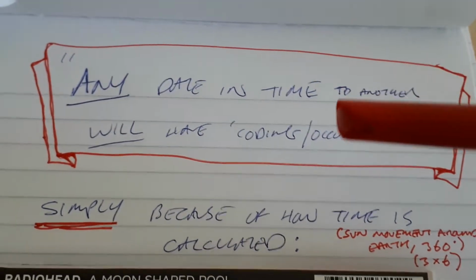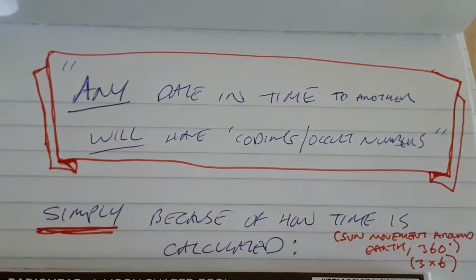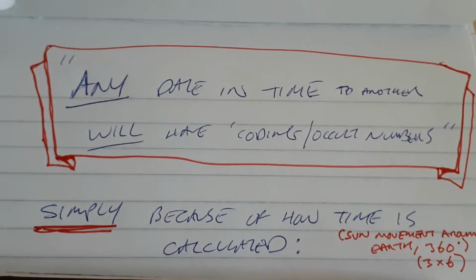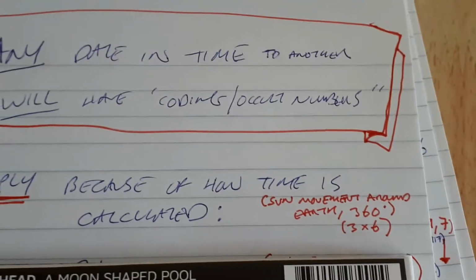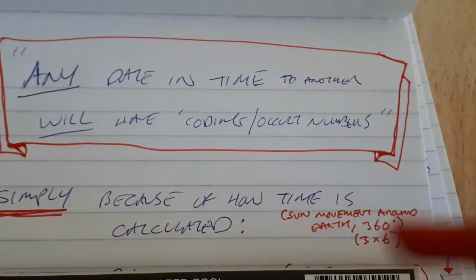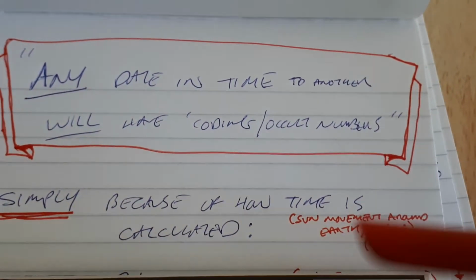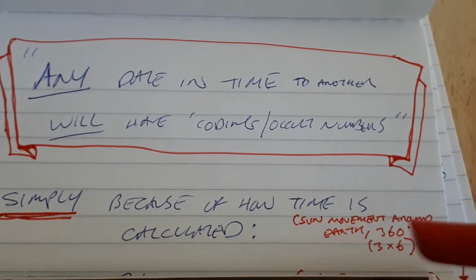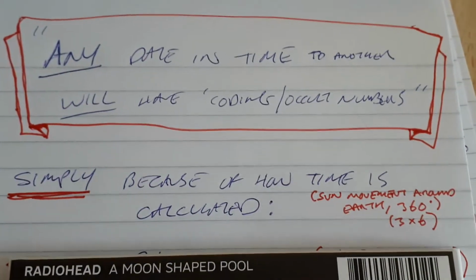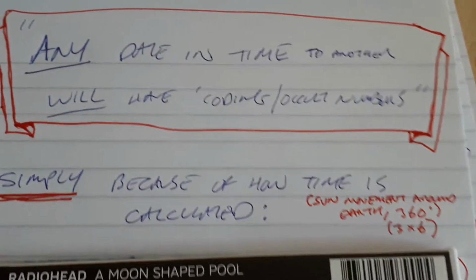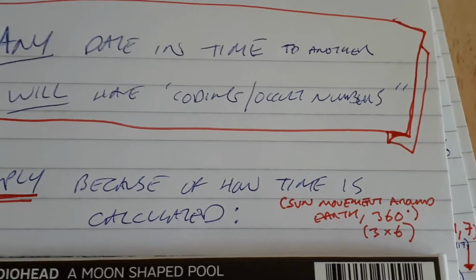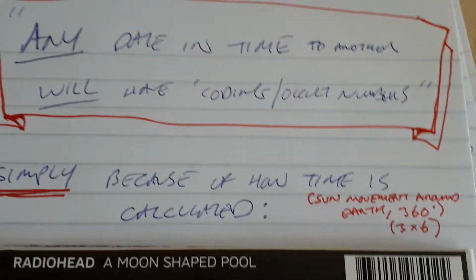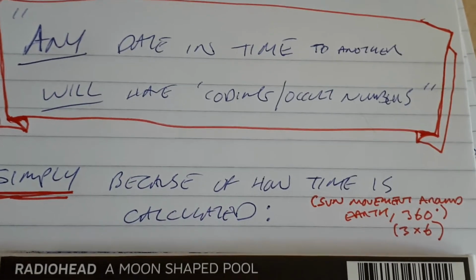So any date in time between another will have coding somewhere. Time's calculated by the sun moving around the earth 360 degrees. Straight away you're dealing with 3, 6, also 3 plus 6 being 9. So you've got a 369 link straight away in any date in time.